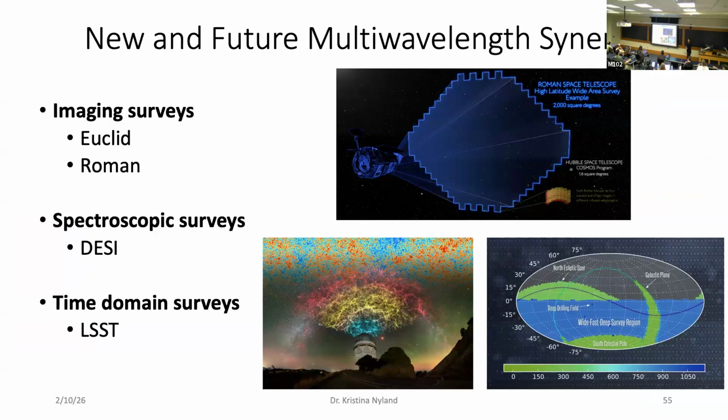In the imaging domain, we've got Euclid and Roman coming. In the spectroscopic domain, we've got DESI, also MOONS, and then of course in the time domain, we have the LSST, which has just started ramping up, and it's going to be really exciting going forward.